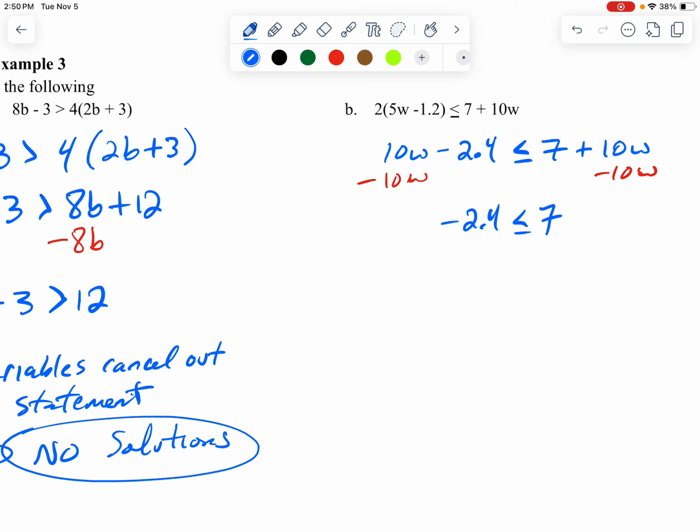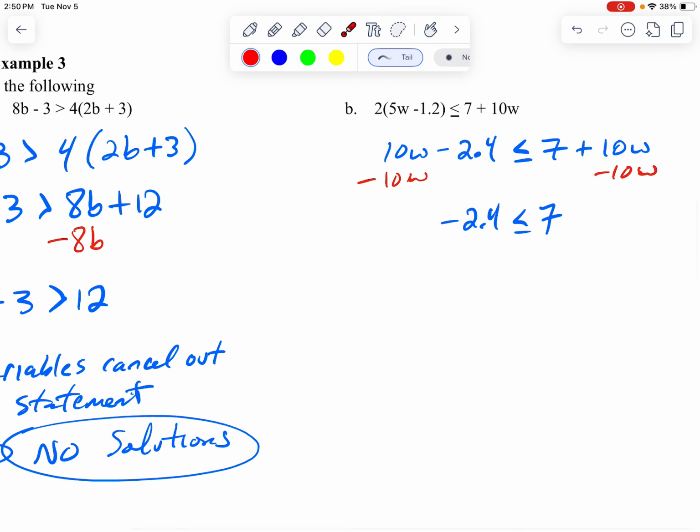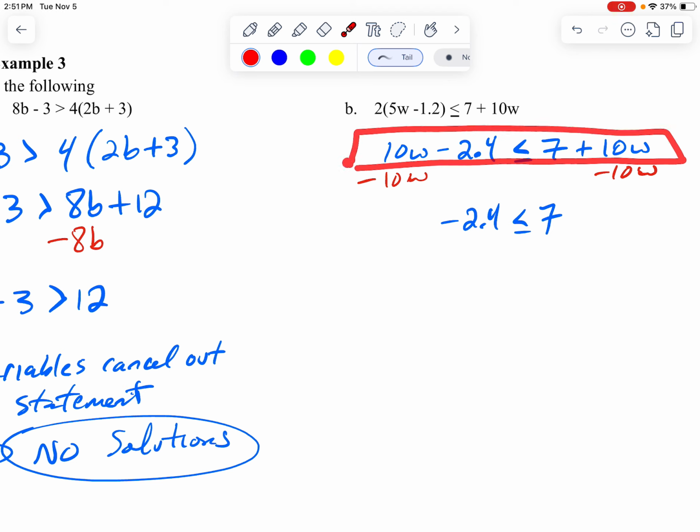Meaning that I could plug in literally any number for w, and it will make this entire thing true. And you could try that. It might be easier to go down to here because this is just a simplification, but plug in any number you can think of for w, and this inequality will always be true.